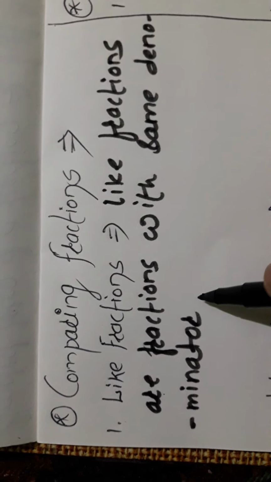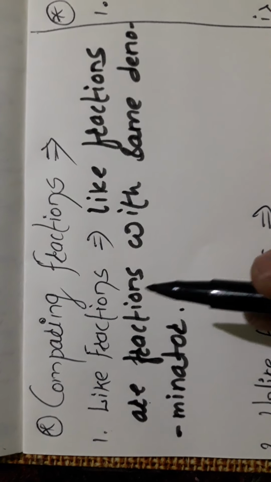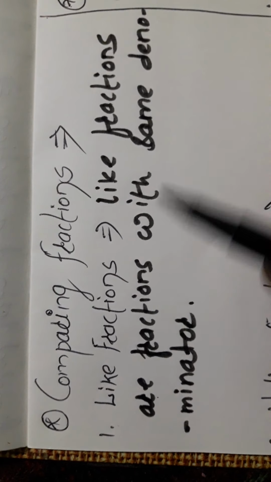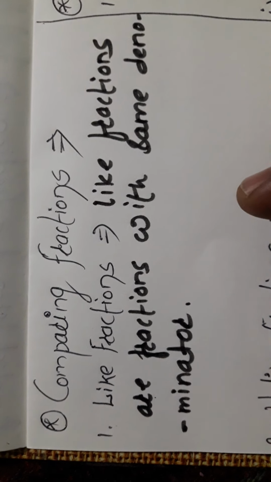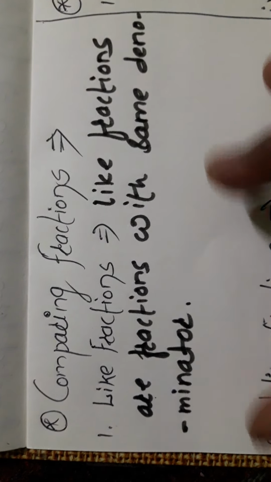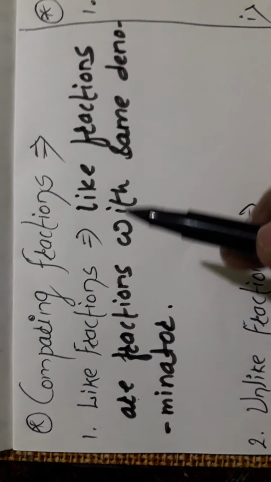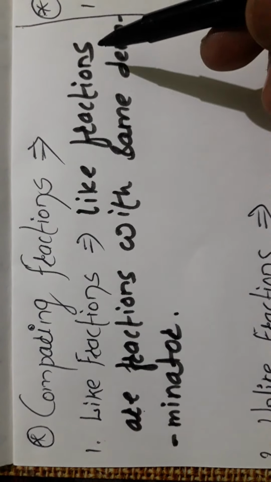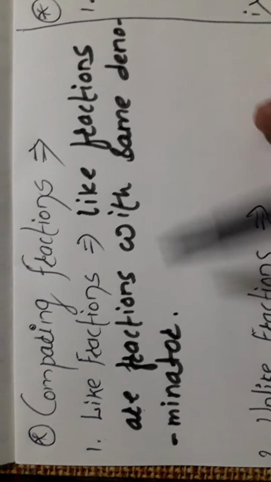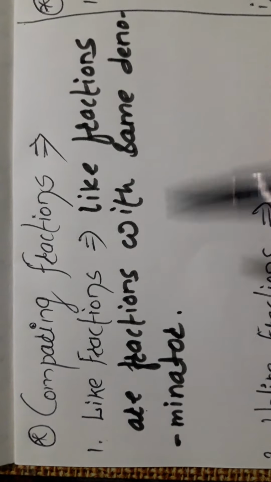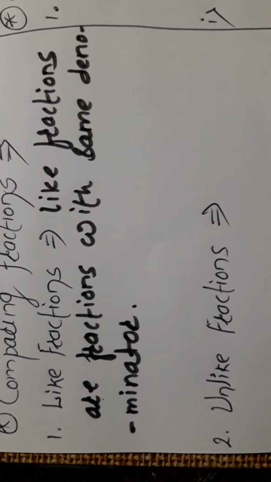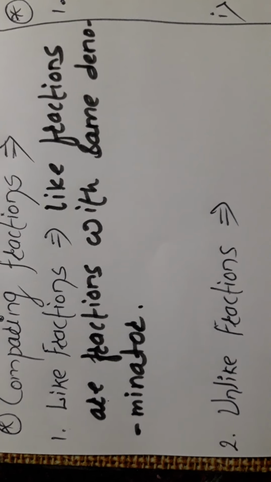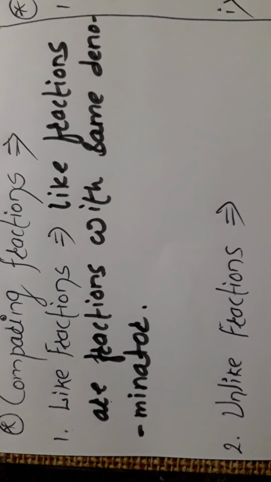Suppose someone asks you what is meant by like fractions. You can say similar, but in which case do we identify this is the like one and this is the unlike one? What is the criteria for that? This is the criteria. Like fractions are fractions with the same denominator, meaning the fractions having the same denominator, all those fractions are known as like fractions.